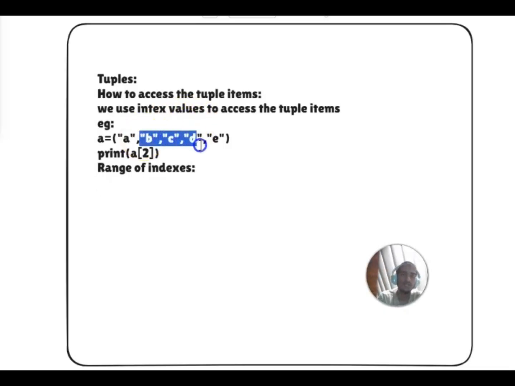Like if you want from B to D, you can give it by index values. It is similar to lists, so you can do it. Let's try one code directly in VS Code.